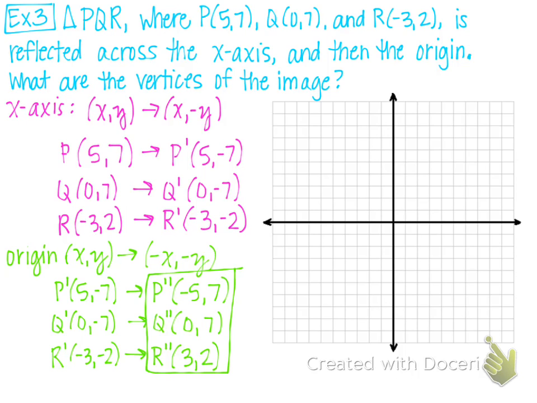So let's graph the original, and then let's graph our final. So our original one, we have 5, 7. So that is P. Q is at 0, 7. And R is at negative 3, 2. So let's draw our triangle.